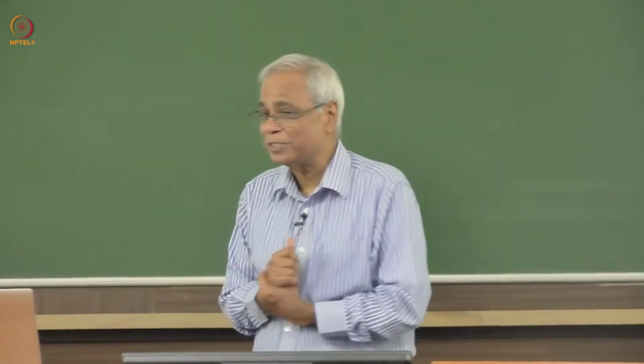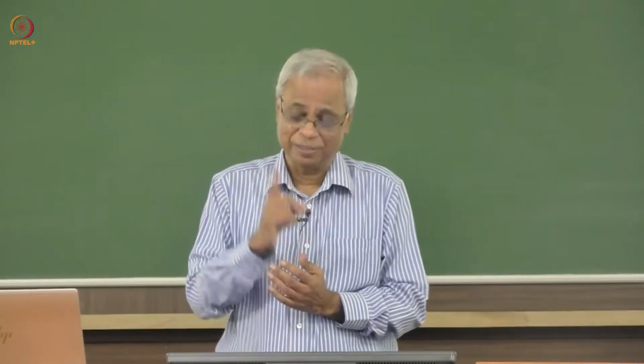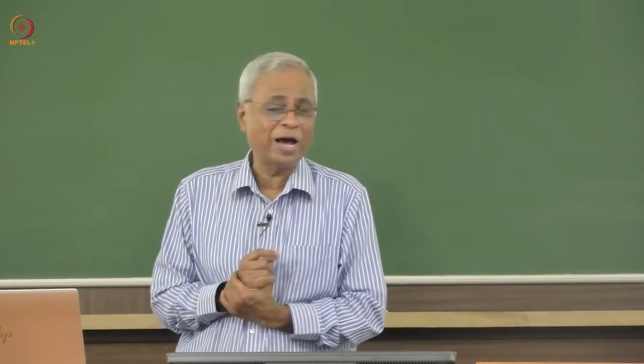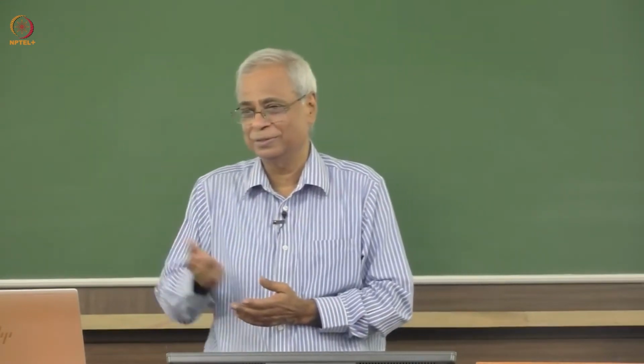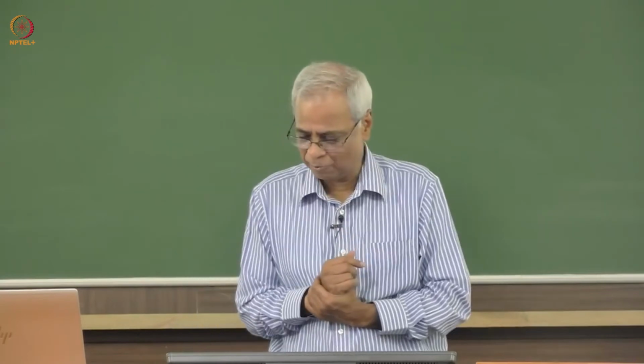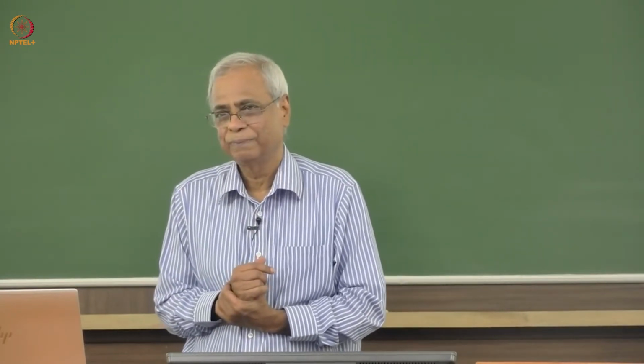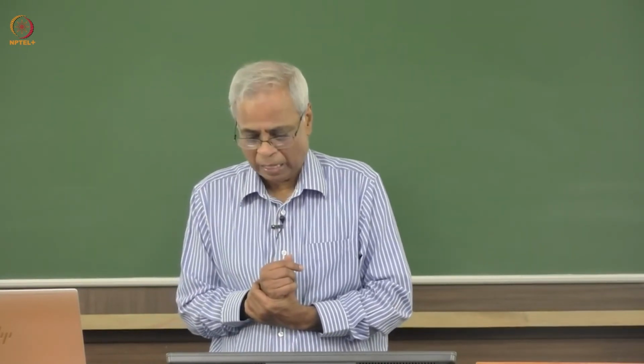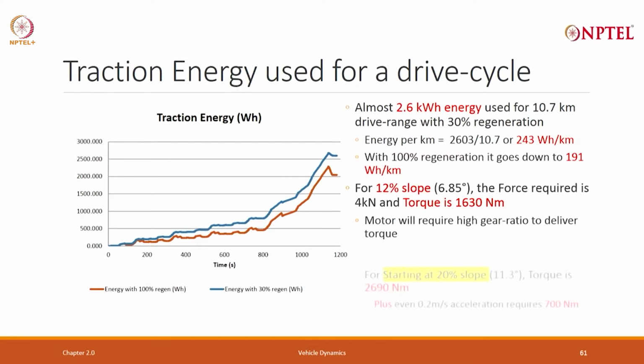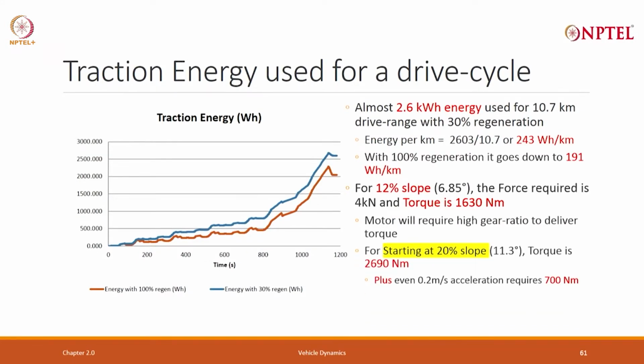Very difficult to design such kind of motors with gears, we will bring the gear later on, it will require a high gear ratio for 1630 Newton meter, otherwise the electric motor will not be able to give you that.